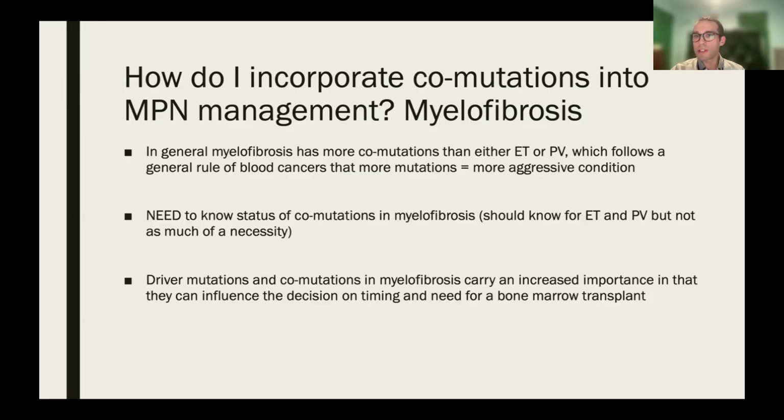And because myelofibrosis is considered a more aggressive or more advanced MPN than ET or PV, it should follow that there are more co-mutations there. With ET or PV, it'd be nice to know the co-mutation status, but we don't need to know it. We really need to know the status of co-mutations in myelofibrosis.